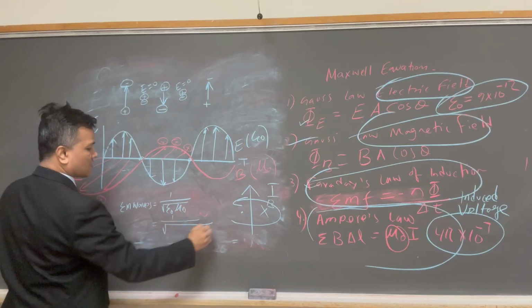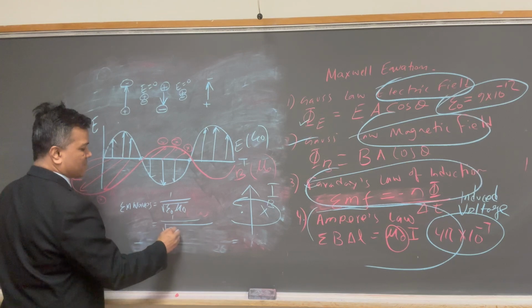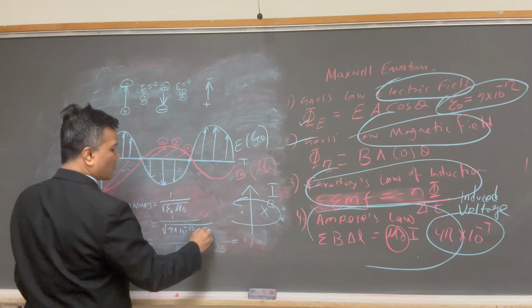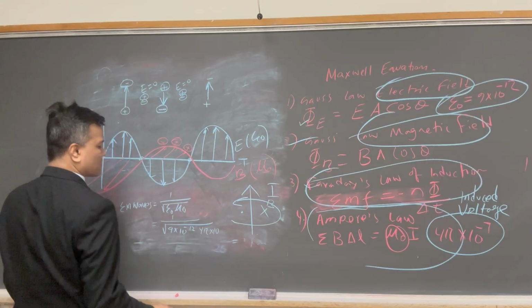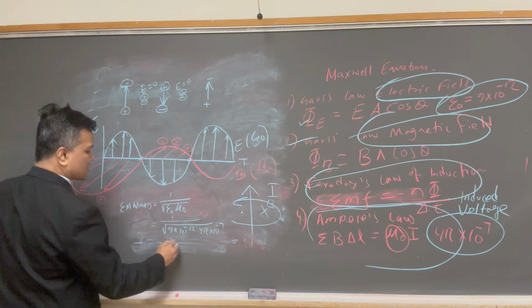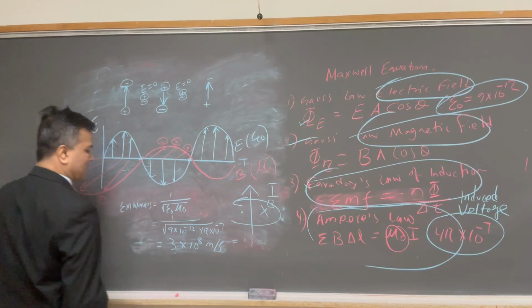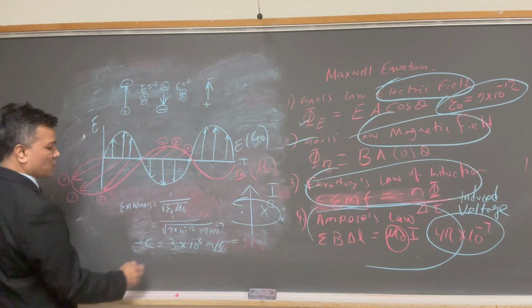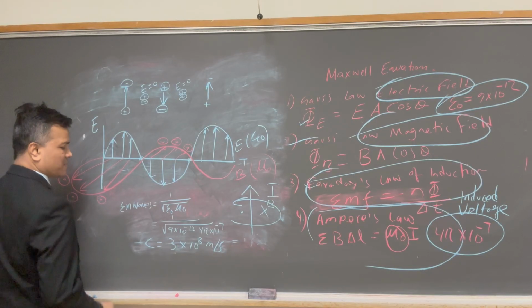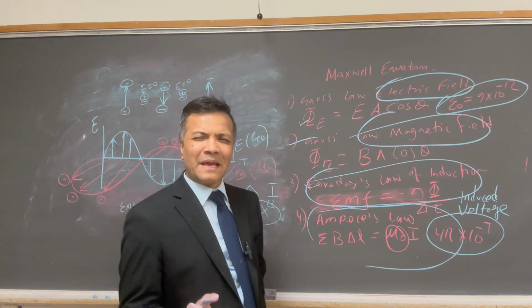What is epsilon? Epsilon is 9 times 10 raised to negative 12. And mu is 4 pi times 10 raised to negative 7. This is 3 times 10 raised to 8 meters per second. And Maxwell used a letter to represent this value, and this is c. This is the speed of light in the vacuum.